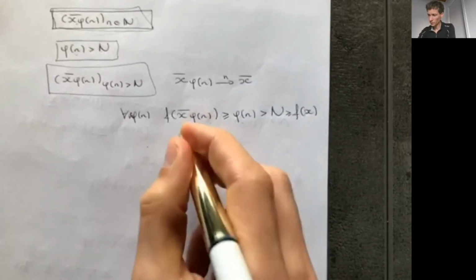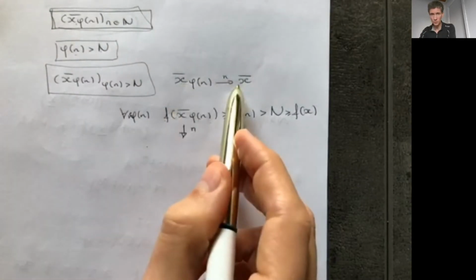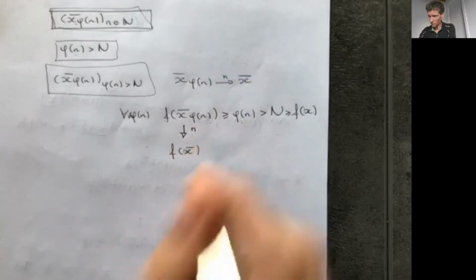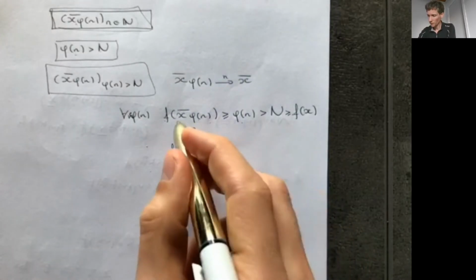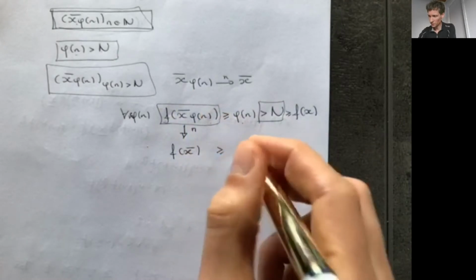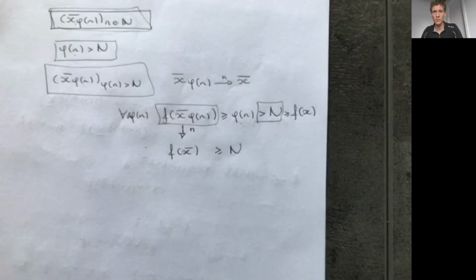So what can we do now? Now we can take the limit for n going to infinity here, and then by continuity of f, this sequence goes to x, so f of the sequence goes to f of x. So this is a sequence of numbers, and each number is greater than big N. So in the limit, this has to be greater or equal to this big N. If you have a sequence of numbers, and every number is greater or equal to some fixed number, here N, then the limit also has to be greater or equal to this fixed number.